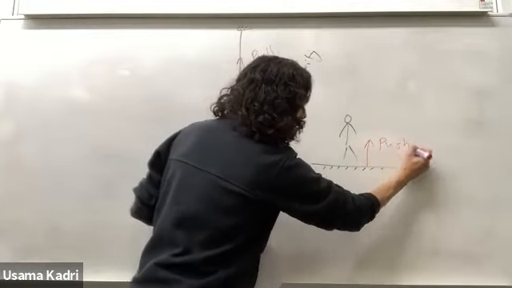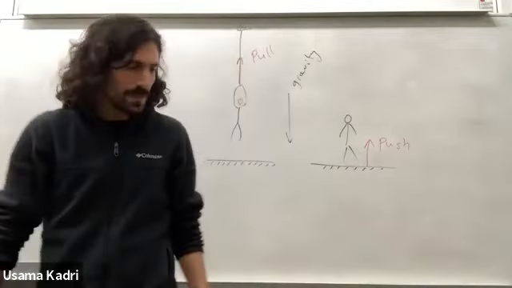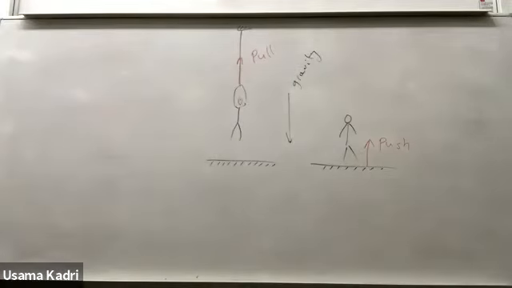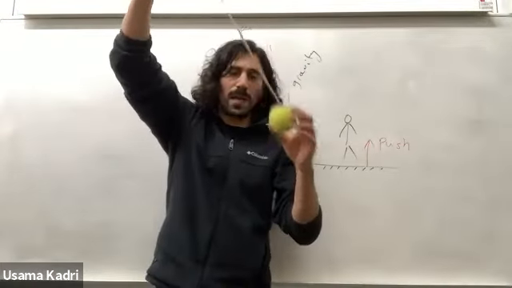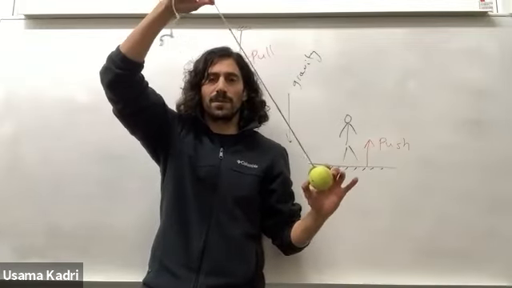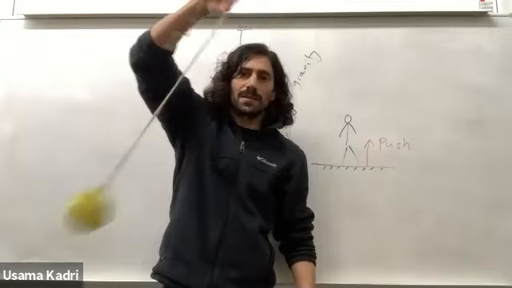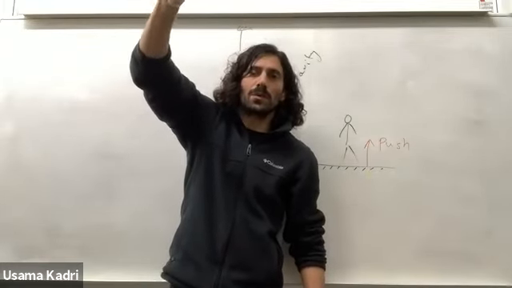Right now, I'm standing here and I feel a push from the floor. Now, I go back to this example. So this is me, and I'm holding the string in there. And now we do something like this. Okay, so it's rotating while I'm holding it.